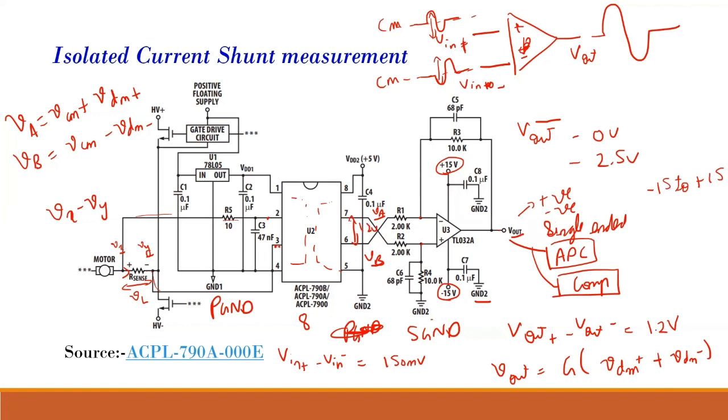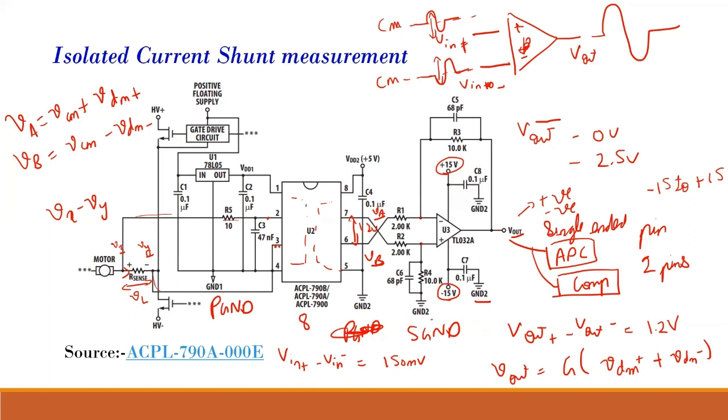Sir, won't there be double-ended? Double-ended? No, we don't want those double-ended signals. We want it to be single-ended because then we have to use only one input pin. If it is double-ended, we require two pins. That is a problem. For the op-amp, only one output will be there.